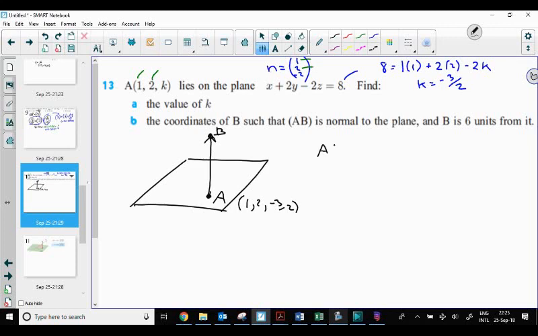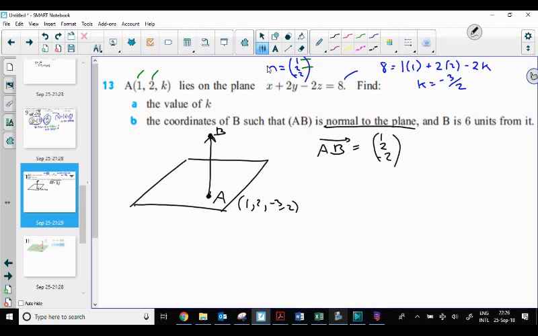Your first guess might be to say, oh, well, the direction vector of AB, AB is a normal to the plane, we're told. So AB should just be equal to 1, 2, negative 2, since that's the direction of the normal vector. But that's not exactly true. 1, 2, negative 2 is the normal vector, but we could also have a scalar multiple of that, right?